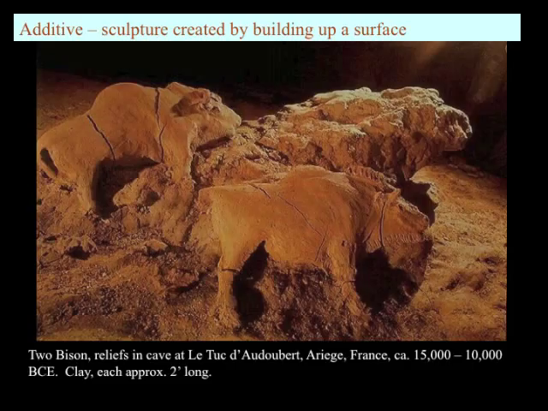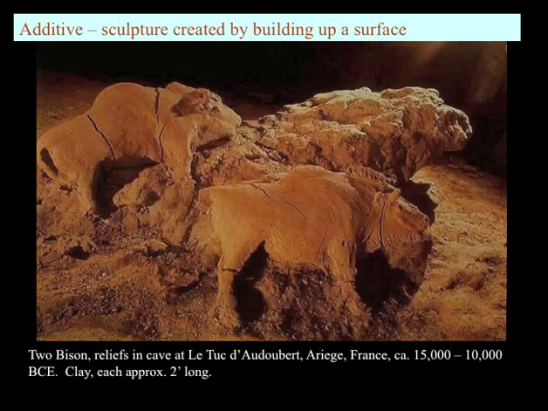And so this is a process of building up surfaces. Now, these bison that we see here were modeled by someone out of clay somewhere between 15 and 10,000 years ago. They're about 2 foot long each, and the cracks that you see in the surface actually probably occurred very shortly after their creation, as the clay dried.